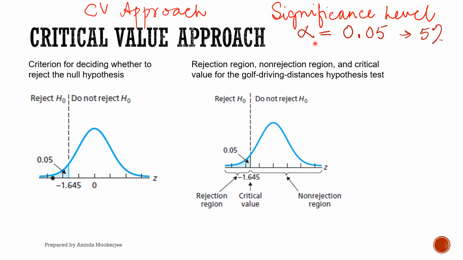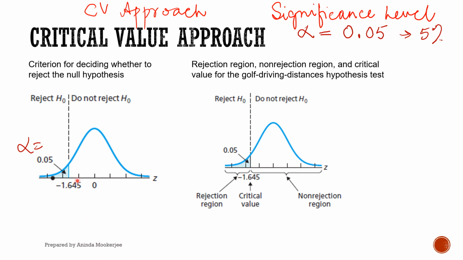Now, how does this 0.05 decide the cutoff between the reject and the do not reject region? As we said, since alpha represents the probability of making a type 1 error, that means rejecting a true null hypothesis, the area of the reject region under the curve is going to be that particular alpha value of 0.05.